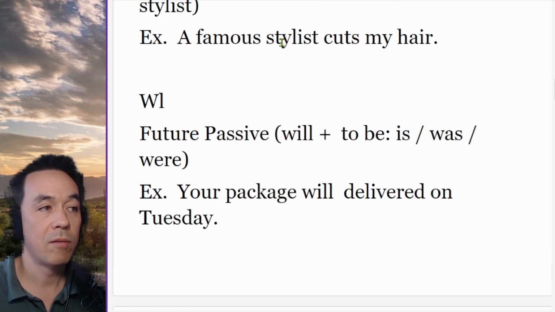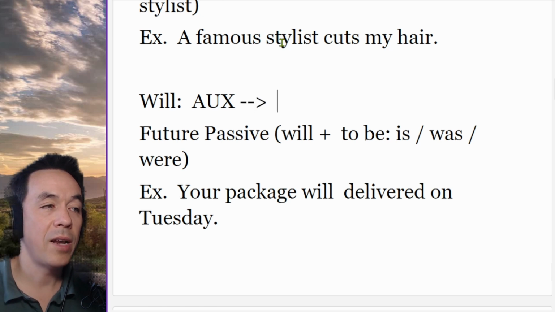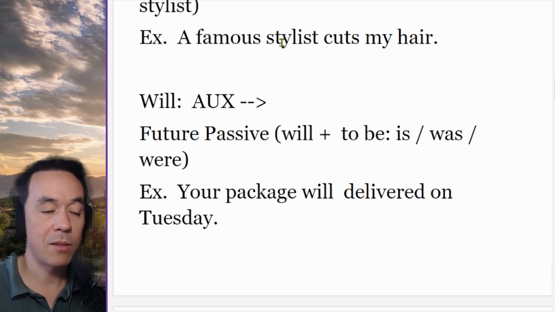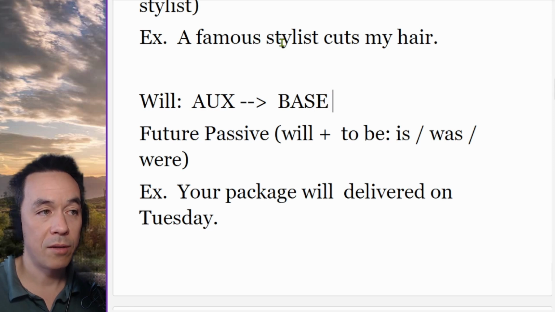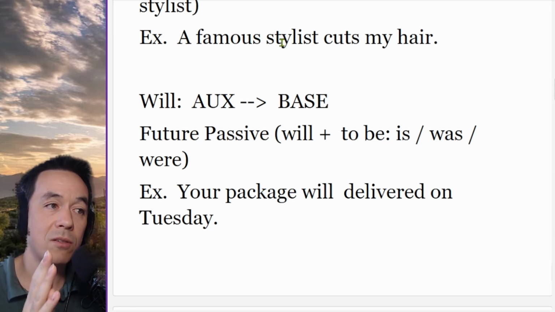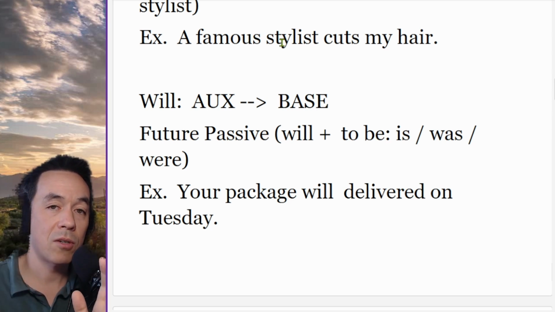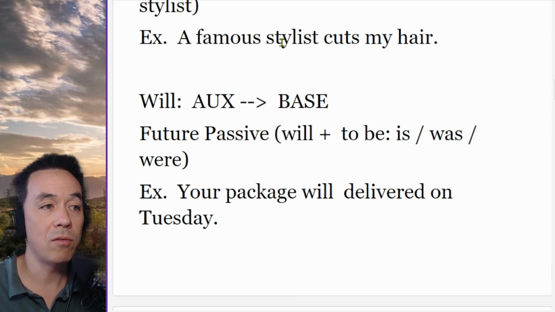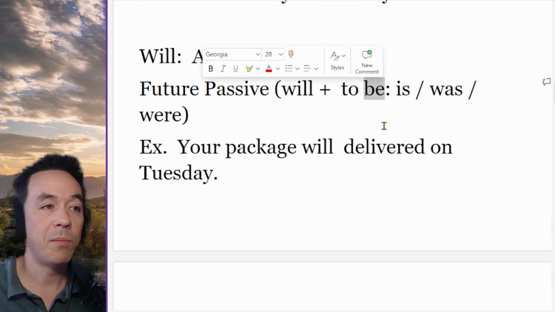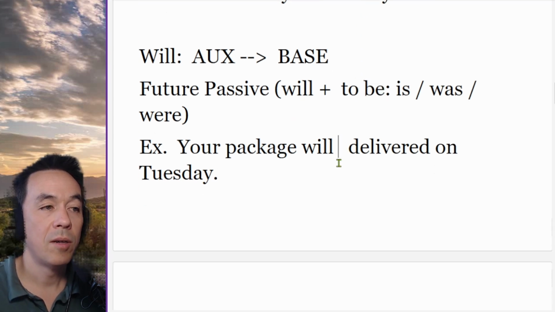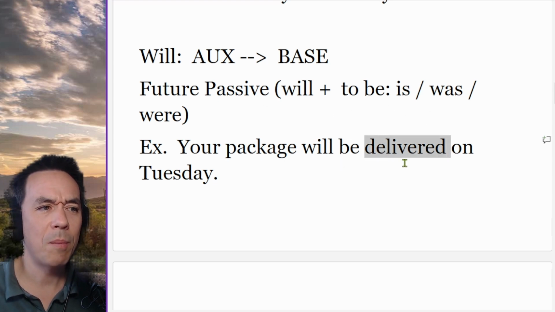So will is in the group of auxiliary verbs, and that means the next verb is going to be the base style, which is just the verb, like to swim, to go, whatever, and then cut the to. So in this case it's be. So will be, and then again the past tense version of the main verb.